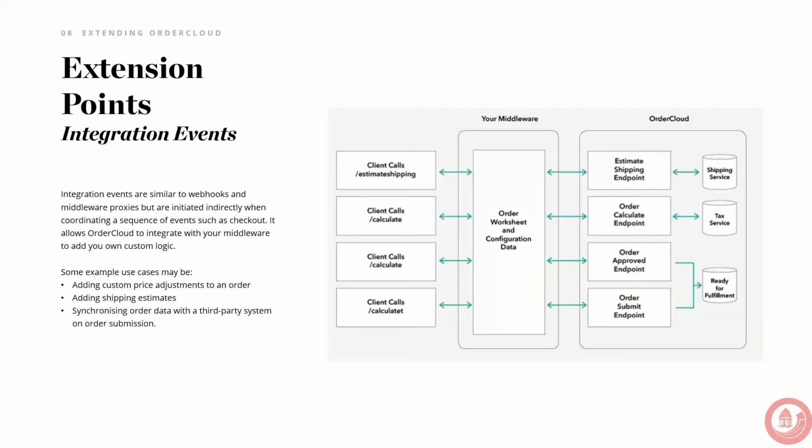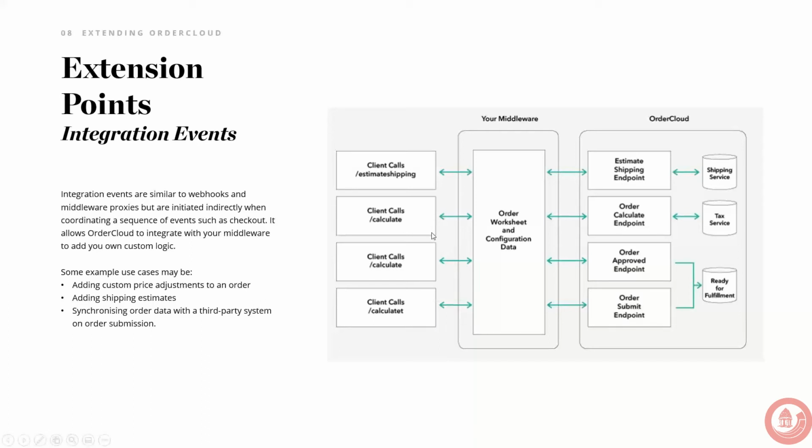And then next up, you have something called integration events. Integration events are quite similar to webhooks, but the key difference is that there are certain configuration points that you can hook into, and they're pre-configured. For example, at the moment, they're in the checkout flow. So if you were to extend these particular endpoints, for example, if you wanted to calculate shipping, then you can hook into the integration events.